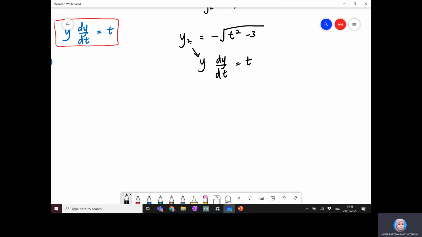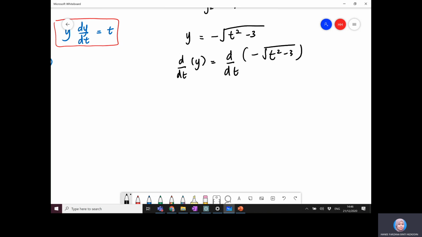So just differentiate the left side and right hand side. So just put y to not confuse us with the 2 and stuff. So d/dt of y equals d/dt of negative square root of t squared minus 3.